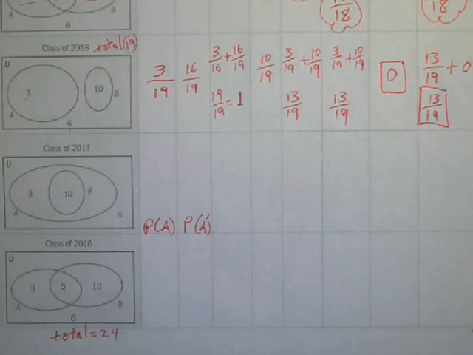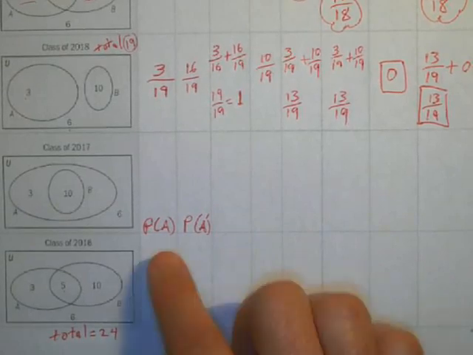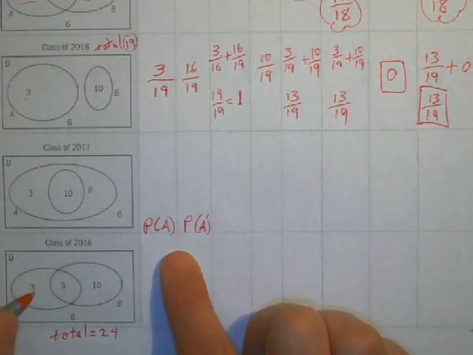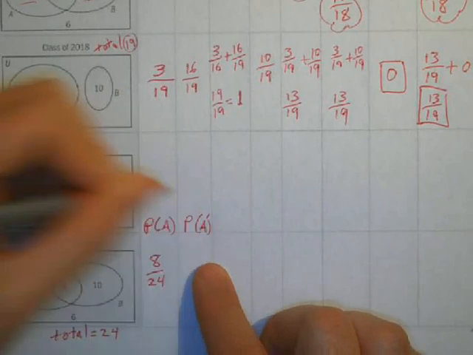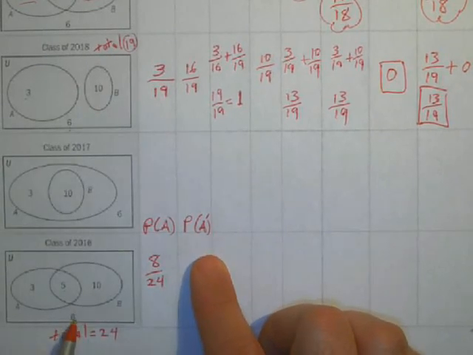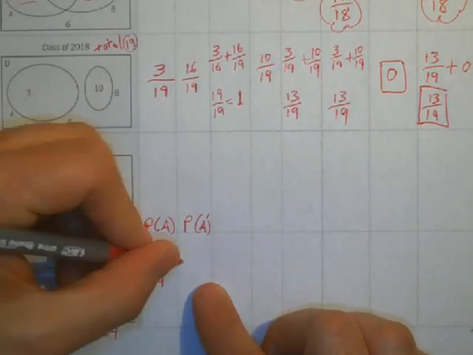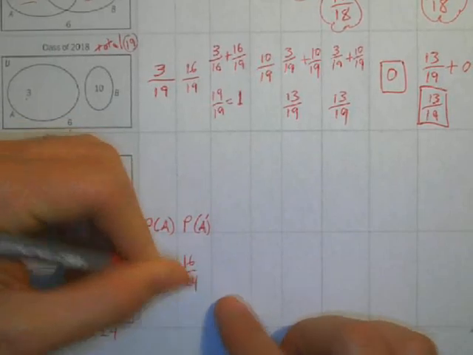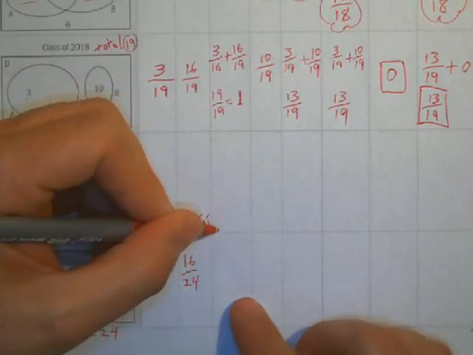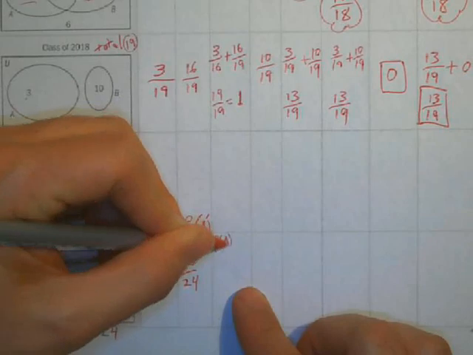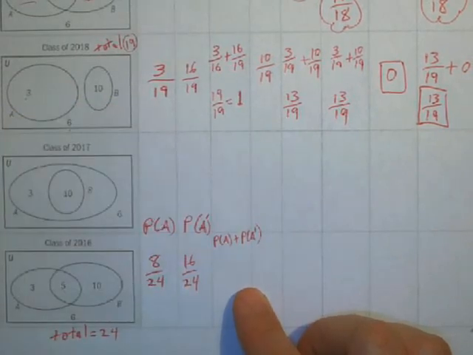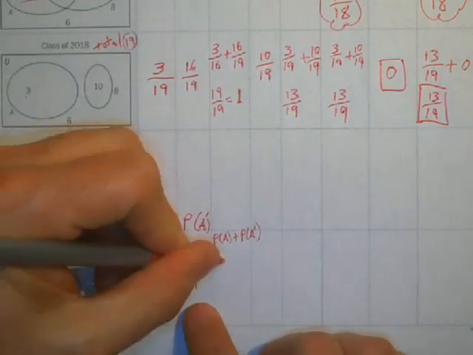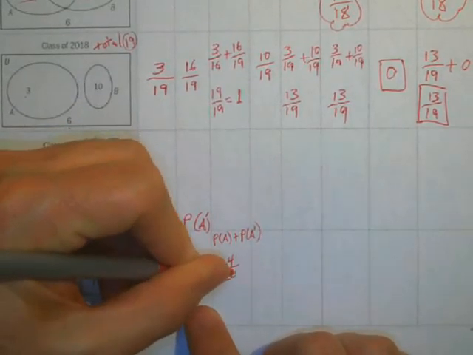So the probability of being in A is 3 plus 5, which is 8 over 24. The probability of not being A is 6 plus 10, which is 16 over 24. And the probability of A plus the probability of not being in A, these two added together, is going to give me 24 over 24, which is equal to 1.